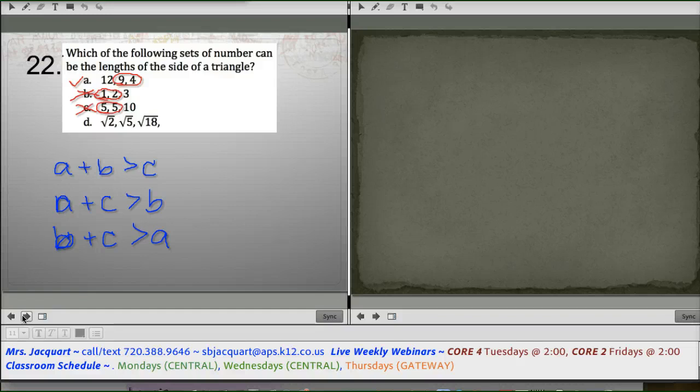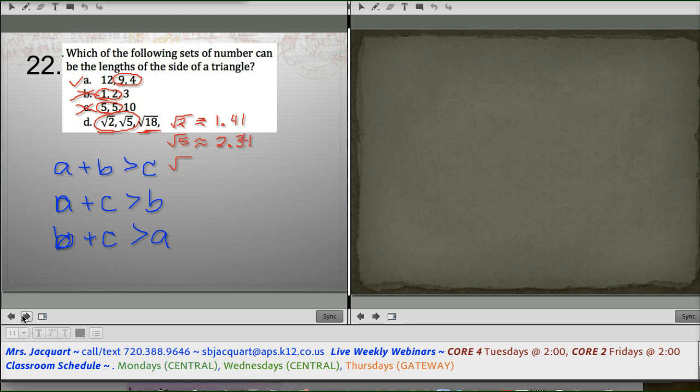What about square root 2 plus square root 5? Is that greater than square root 18? No, because you use your calculator. Square root 2 is 1.41, and square root 5 is about 2.34.